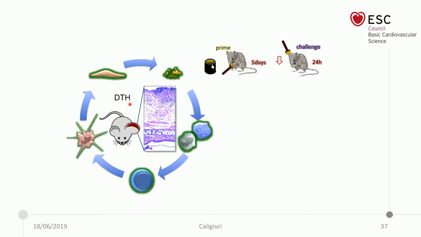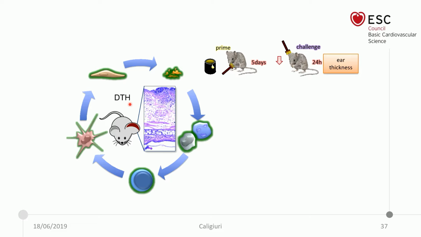So if there is a response, it means that there is an adaptive immune response, which has been mounted in lymphoid organs, and is able to act anywhere there are memory cells. So with this challenge, what you do is to measure the ear thickness, because if inflammation is taking place, the edema will swell the ear. So it's very convenient to measure.